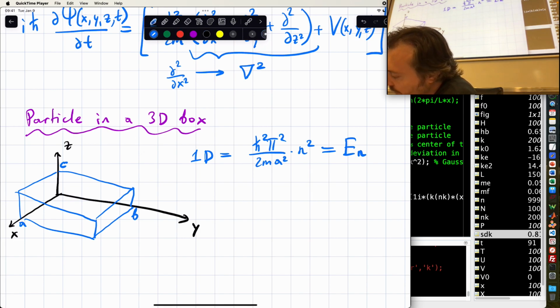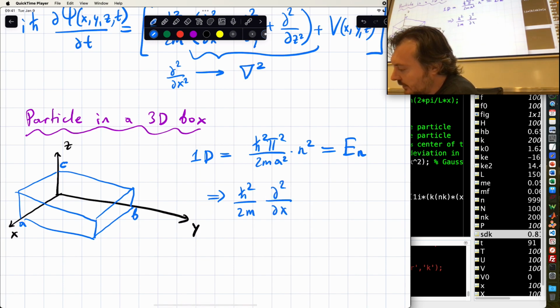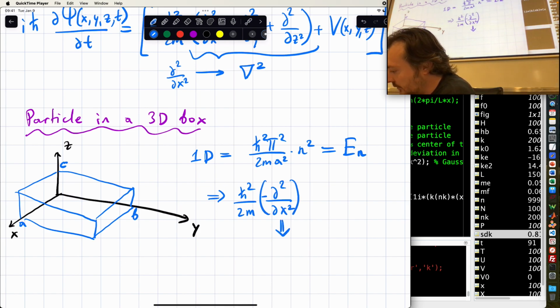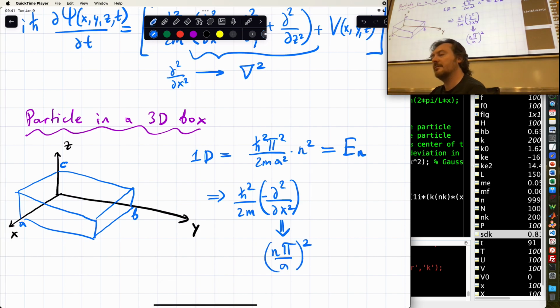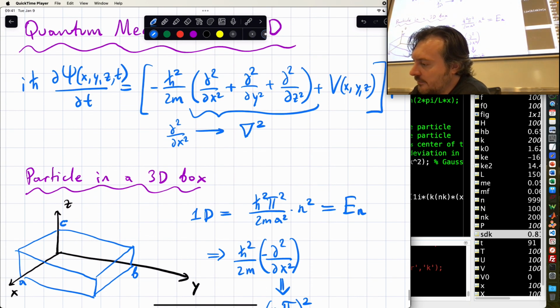Let me do it this way. This was coming because you had h bar squared over 2m del squared over del x squared. That was corresponding. This would turn into n pi over a squared. Do you agree with that? Yes?